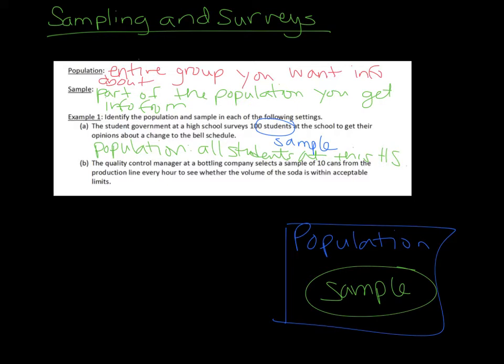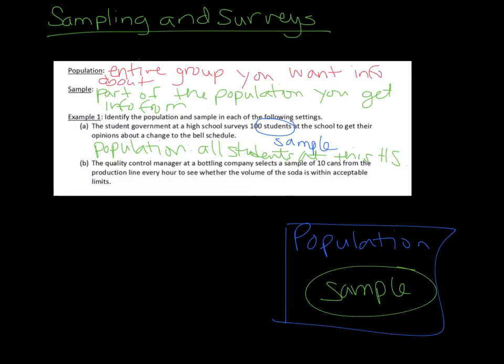Okay, so for part B, they tell us the quality control manager at a bottling company selects a sample of 10 cans from the production line every hour to see whether the volume of the soda is within acceptable limits. This is often done with factories and other manufacturing.